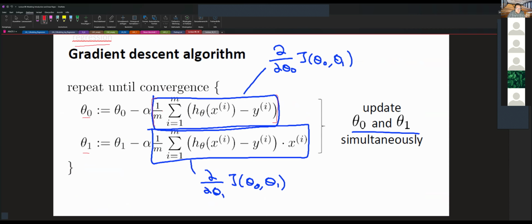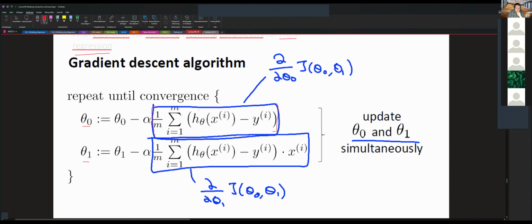It's maybe not completely true, because this form is also true for logistic regression. But in logistic regression, we have a different cost function, and we will see that. Therefore, these formulas will be quite different.